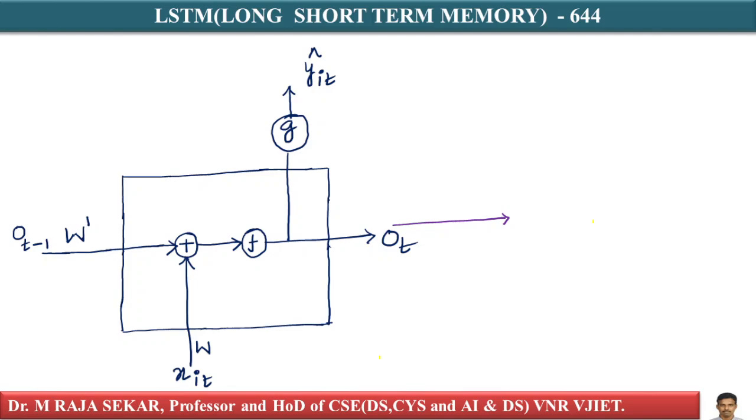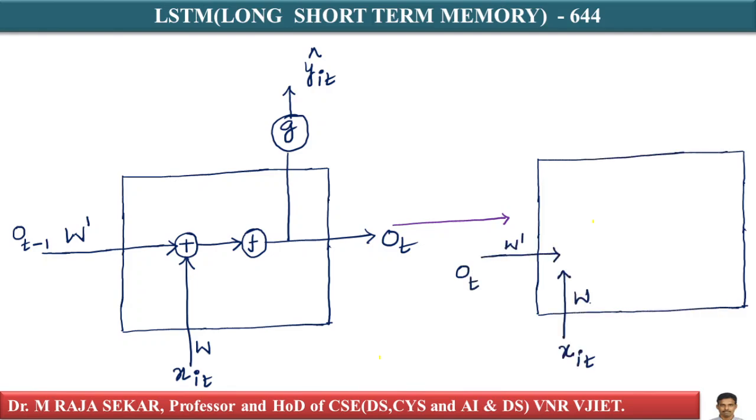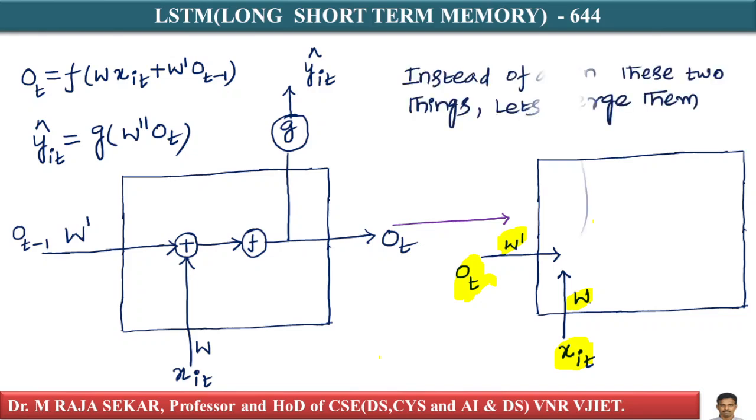Let's redo the structure. This is one possibility, but there is a slightly modified version that I want you to walk through. Let me draw the modified version. I have my Xit here, and I have my Ot.